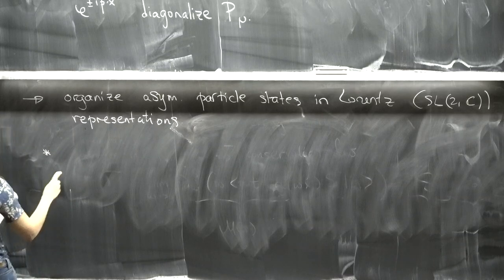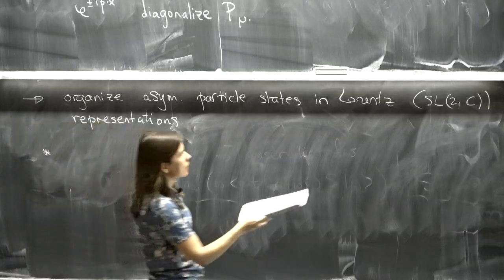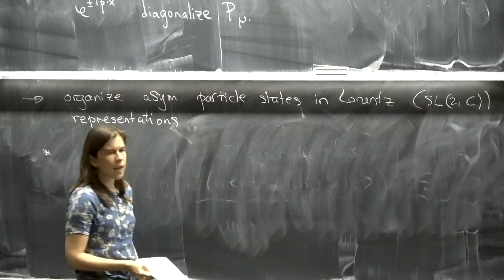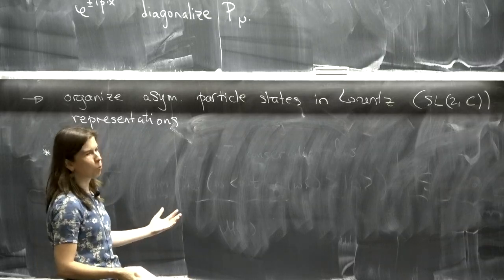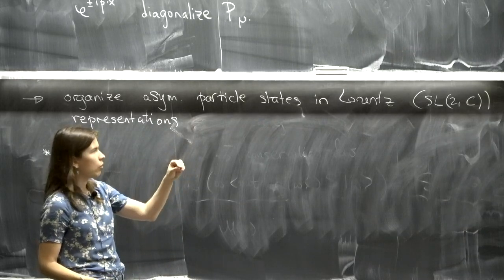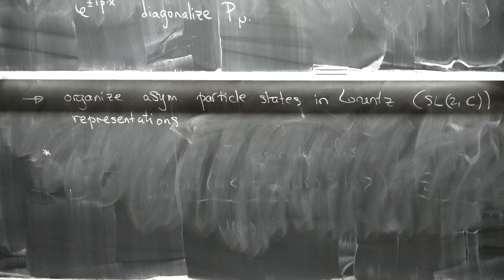The idea is that we discussed this a little bit in one of the previous lectures, but SL2C has 2 Casimirs. Roughly speaking, from the bulk point of view, we have a boost towards a particular point on the sphere, and we have rotations around that point as well. Those 2 are operators that commute with one another.